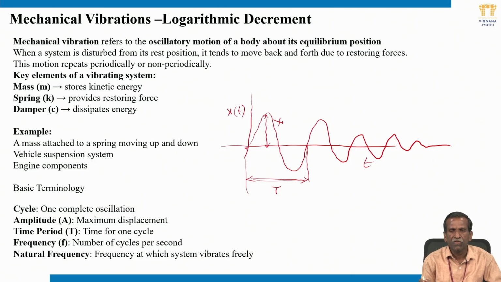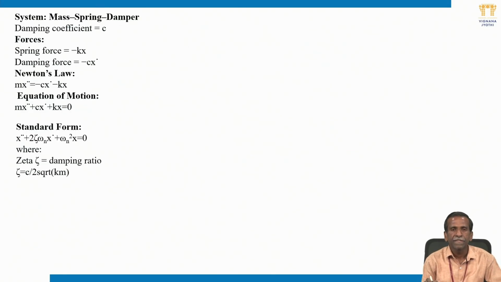Natural frequency is when there is no external resistance to stop the motion. If the body vibrates, then the corresponding frequency is called natural frequency. The unit is Hz, cycles per second.